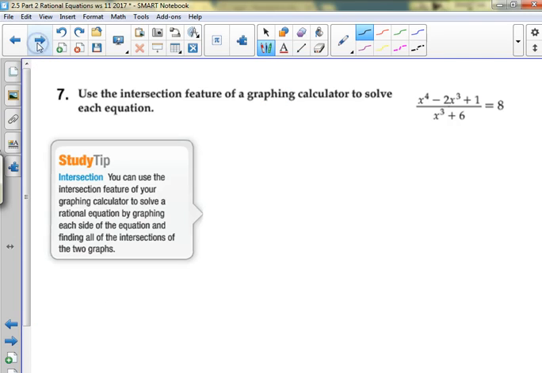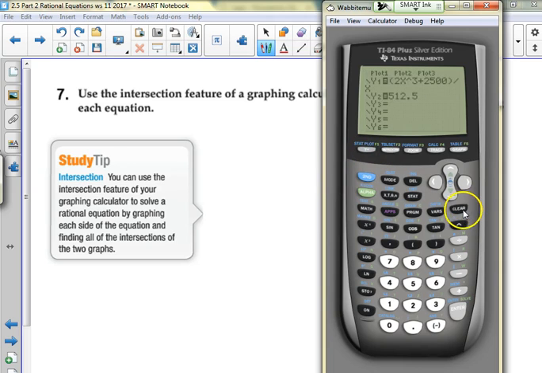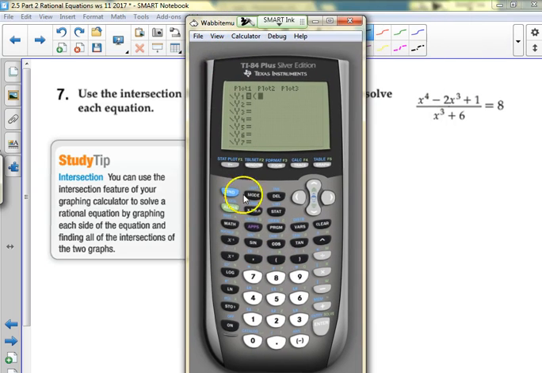All right. Oh, we have another one? Oh, but this one we just did, basically, didn't we? You plug the top and the bottom and see when it equals 8? It's basically just reminding you that you can do things on your calculator. What was the mess up there? X to the 4th.